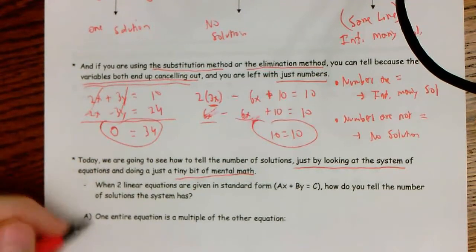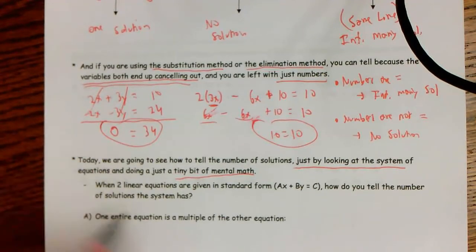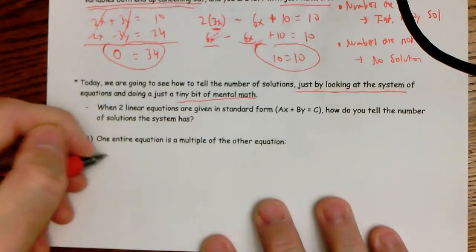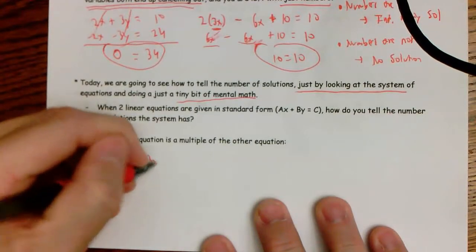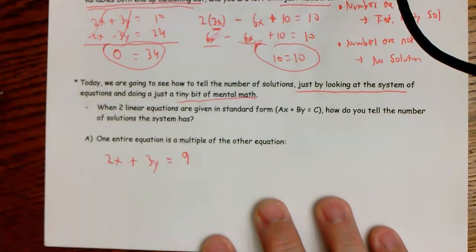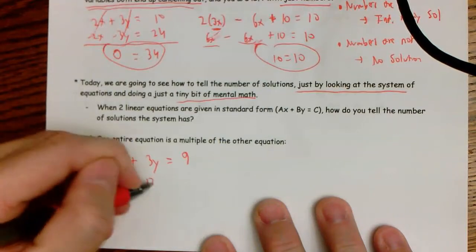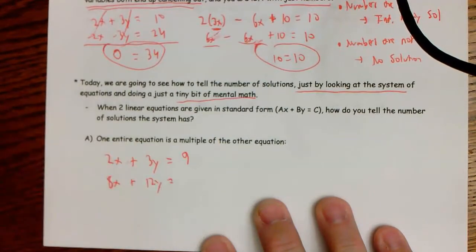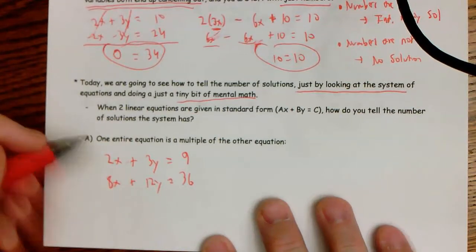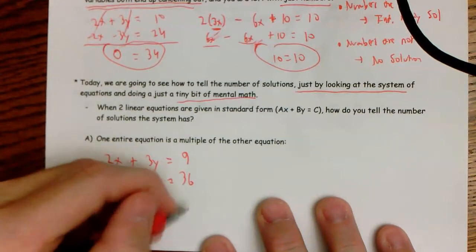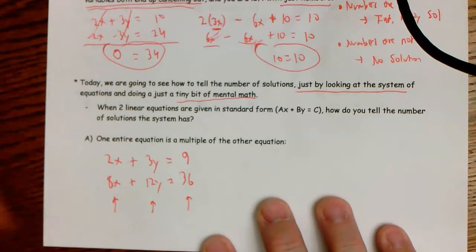So first up, what if one entire equation is a multiple of the other equation? For example, you have 2x plus 3y equals 9, and you have 8x plus 12y equals 36. So what we're looking at here is the variables and the numbers separately.